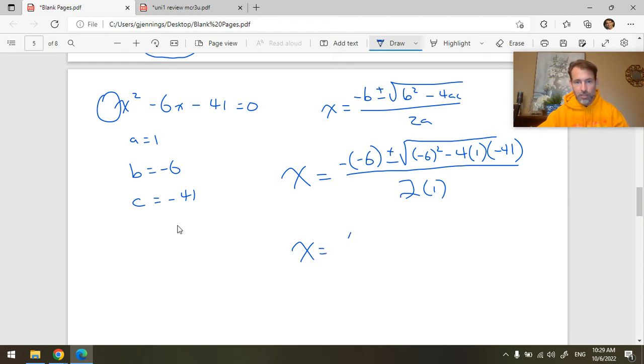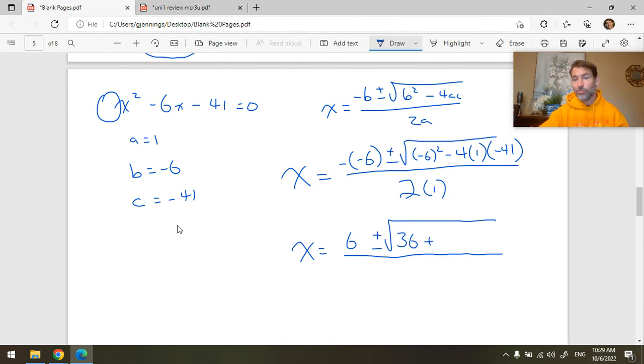Negative negative 6 is 6 by another name. Plus or minus the square root of 36, which is negative 6 squared, minus 4 times 1 times minus 41. 2 minuses gives me a positive.